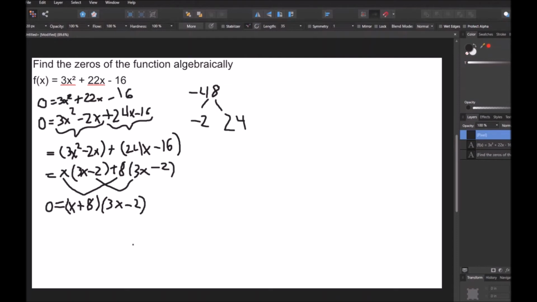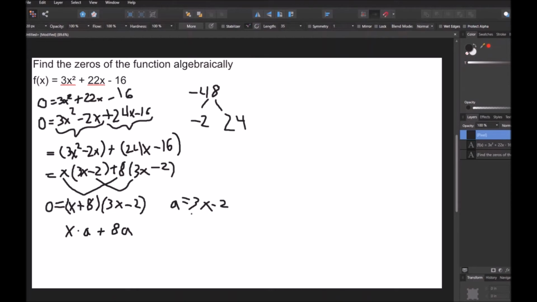And if this step is a little bit confusing, if you're wondering why there's only one 3x minus 2 and why it's not 3x minus 2 squared, think about it like this. I essentially distributed this whole 3x minus 2. Like, let's say I say a equals 3x minus 2. Just for example, I distributed that to the x and the plus 8, so I would have x times a plus 8a.